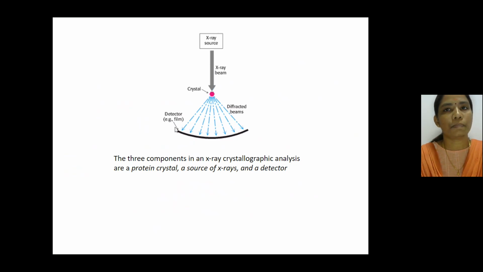This pattern is again computationally resolved using many software packages, and the electron density map is built into a proper three-dimensional structure. The three components in X-ray crystallographic analysis are a protein crystal, a source of X-rays, and a detector.